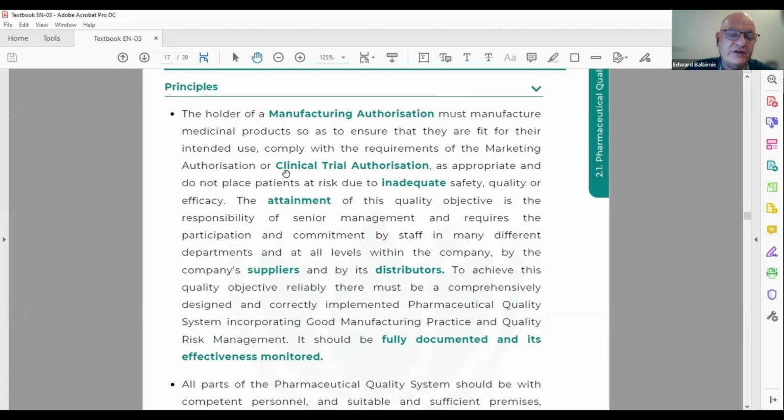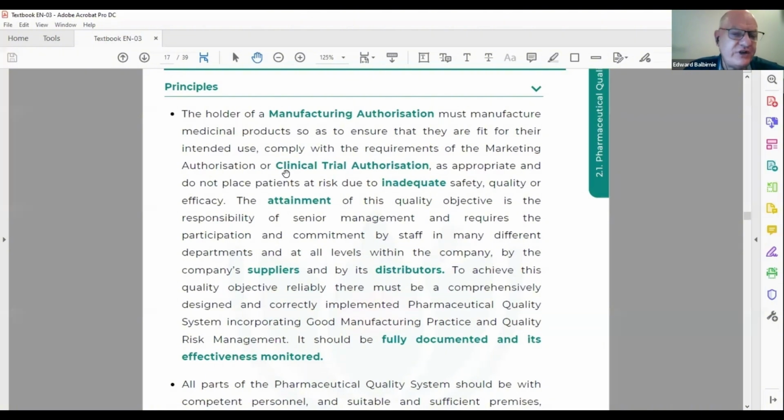You have the CMC part, which is effectively the IMPD, and then you must also apply for a clinical trial authorization. So the regulatory agencies receive your IMPD, the CMC part, and then you also have to submit a clinical trial application. And when the application is approved, you get authorization.